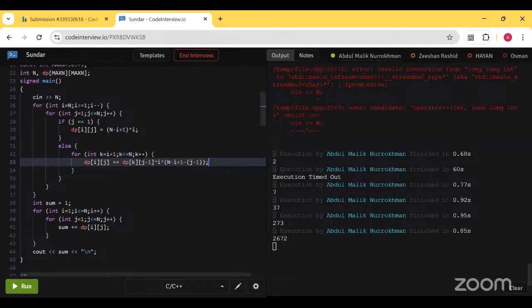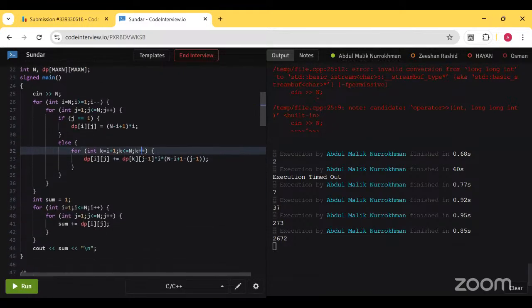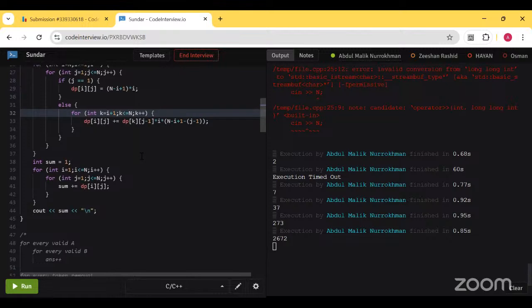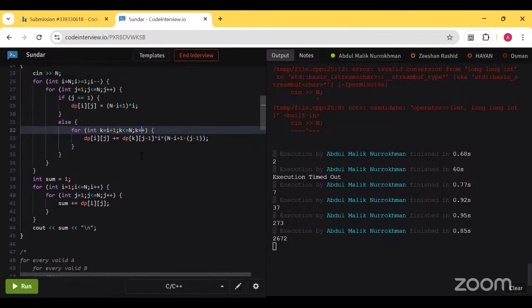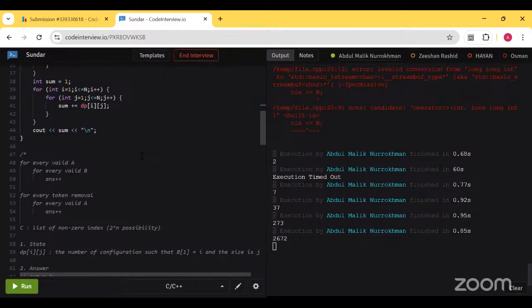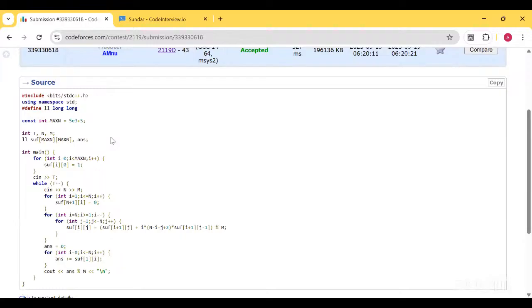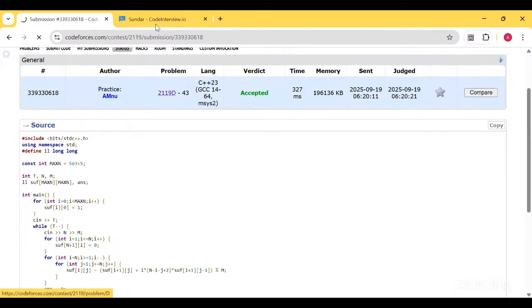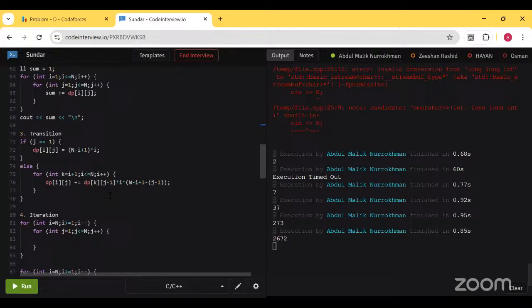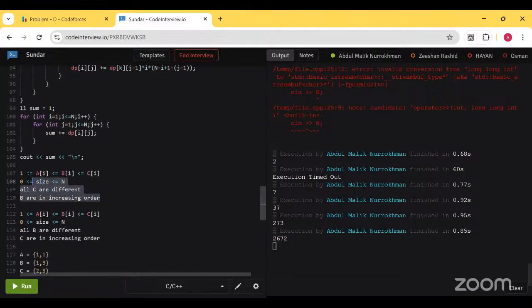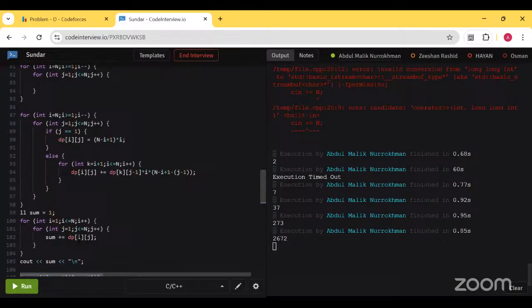Simple. Okay, just try to understand why we can change the problem into like this. After that, why we can solve this using DP like this.